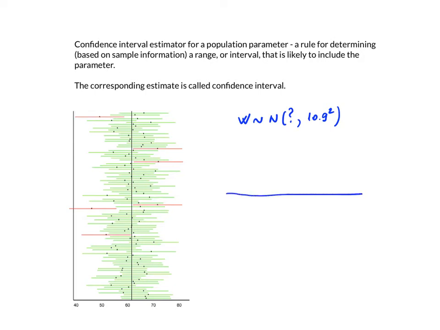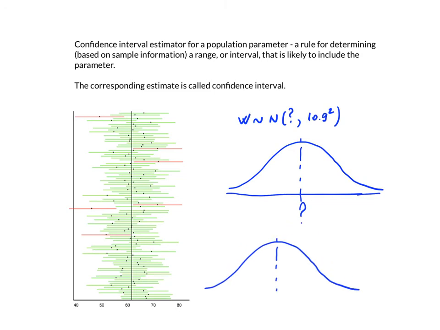Therefore, I know that the weights lie on a distribution for which I don't know the mean. Not knowing the mean, but knowing the standard deviation, means that I know the shape of my distribution, but I don't know exactly where it is placed. So the mean can be anywhere here. I don't know yet.